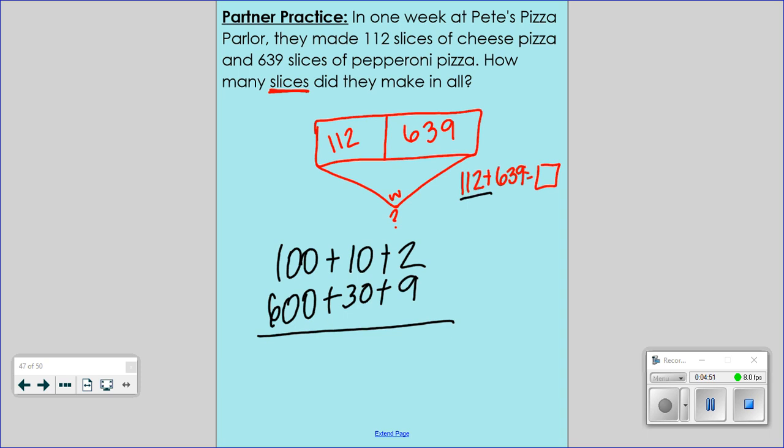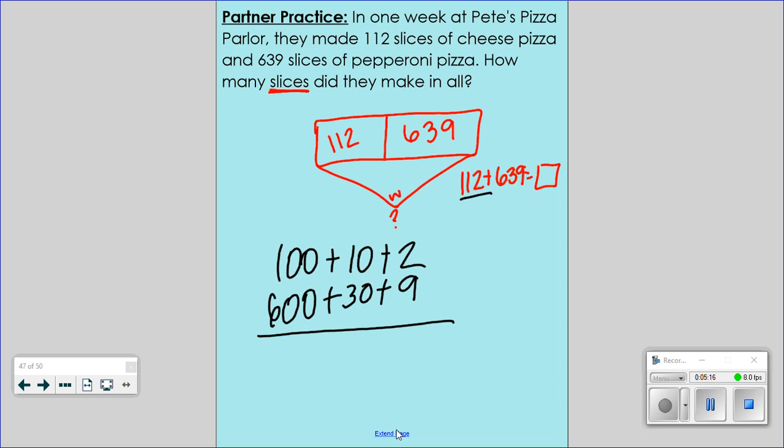Which position am I going to start with? Friendly? I'm going to start with the ones. I always want to start with the smallest number just in case I need a trade. 9 ones plus 2 ones gives me a total of how many ones? Miranda. Does not give me 10.